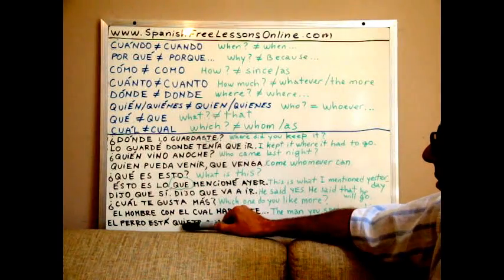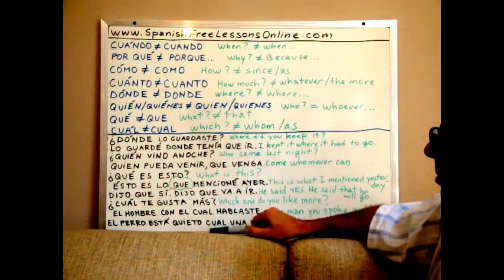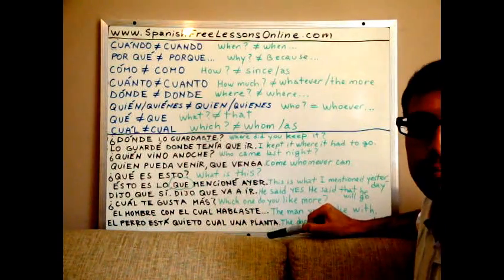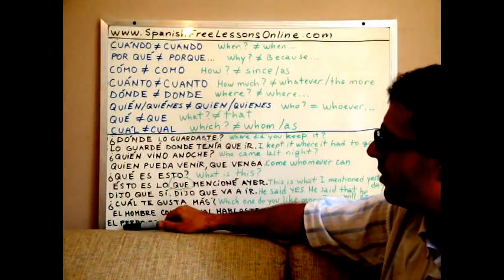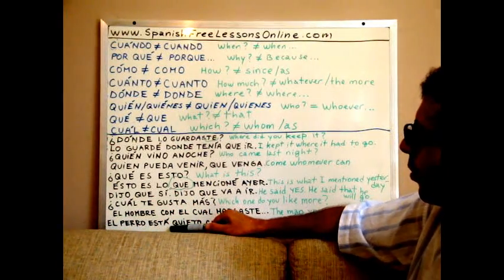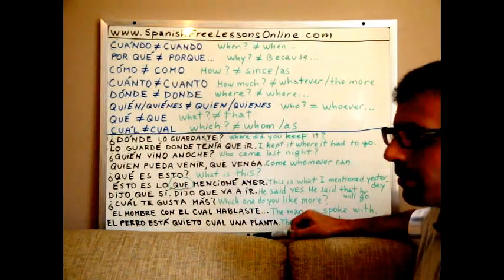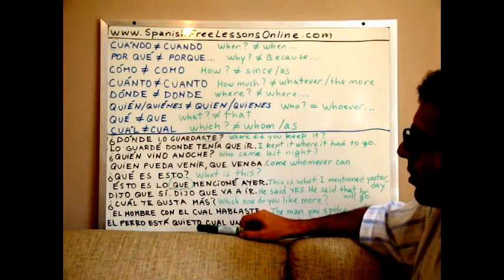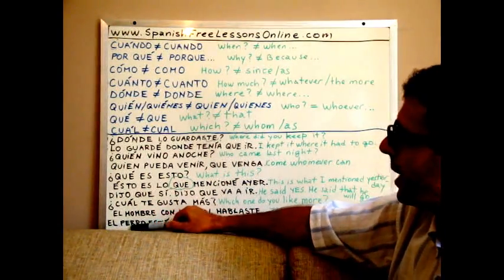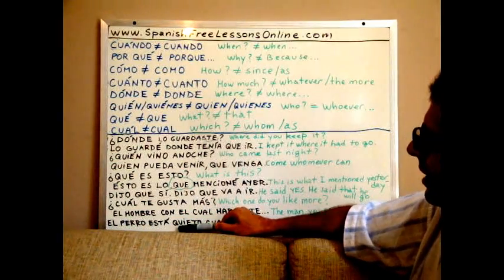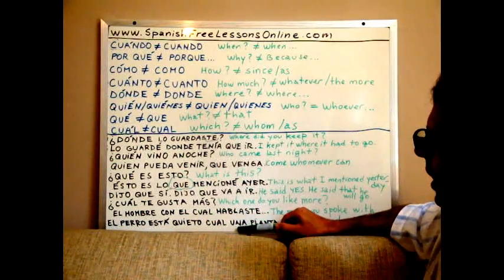It's very similar, you see, the writing is very similar. And planta is plant. So, the dog is quiet as a plant. Yes, this would be the word-by-word translation. El perro está quieto cual una planta.